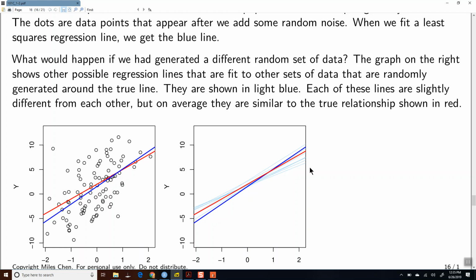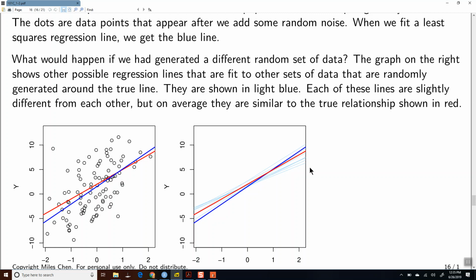When we estimate slopes and intercepts and whatever it might be, we have to accept the fact that it's based on a random sample of data, and if we were to have a different random sample of data, we would get probably different values, and we don't know if those values would be bigger or smaller or whatever.